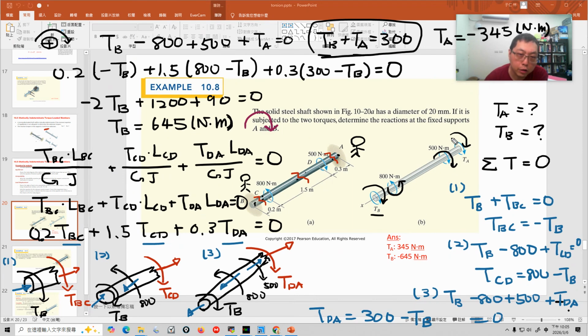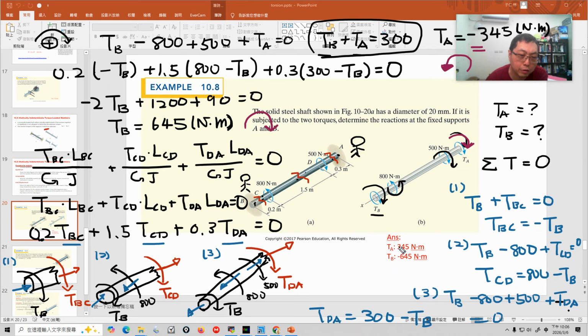Then we initially assumed TA rotates in this direction, but we get a negative value, so that means TA rotates in this direction. So the positive and negative, sometimes you have to consider what it really means in terms of rotating direction.